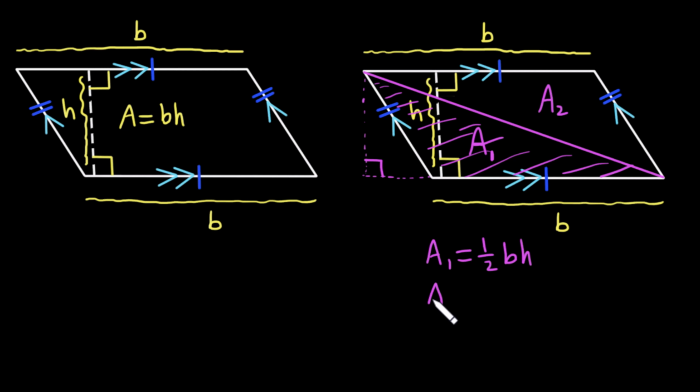The area of the second triangle, which is this one here, is the same thing. Half multiplied by the base B, multiplied by the height, exactly the same.